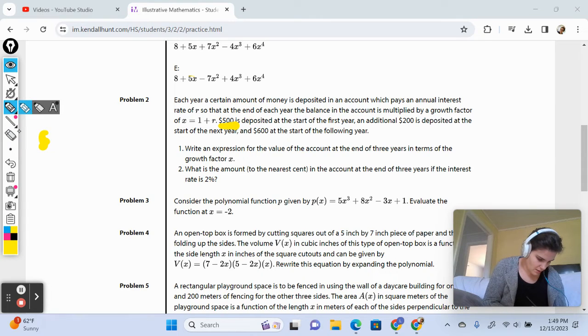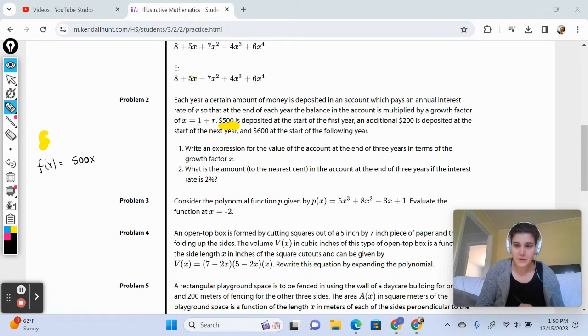Let's make this smaller and let's turn our pencil black. So we're going to say f of x is our function. We have $500. At the end of the first year, it's 500x. The next year, we're depositing $200, and that gets multiplied by a growth rate as well. But this 500 got multiplied by a growth rate again. So instead of 500x, we have 500x times x.